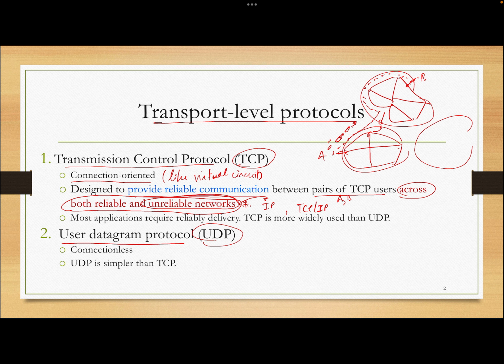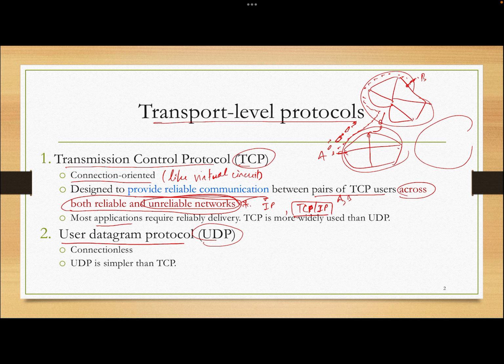TCP provides reliability, IP is not reliable, so the whole thing is more reliable because reliability is provided in the TCP layer, the transport layer here. This is the protocol suite we have seen many times before.